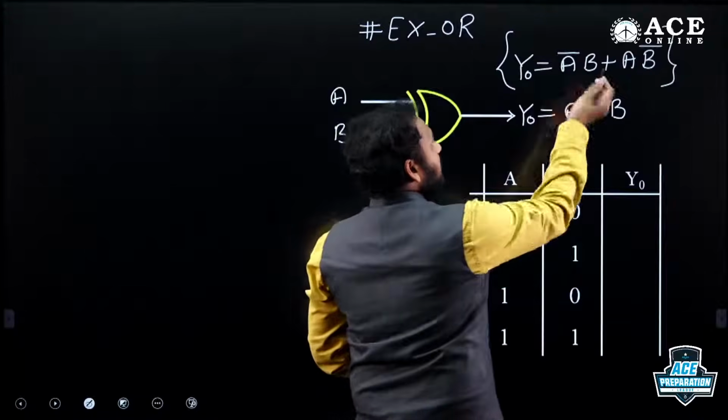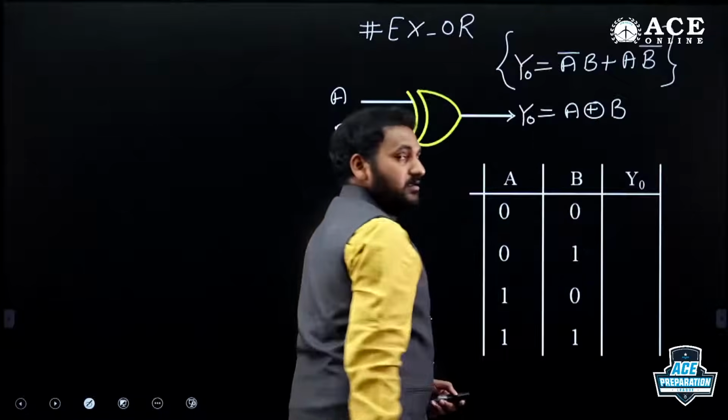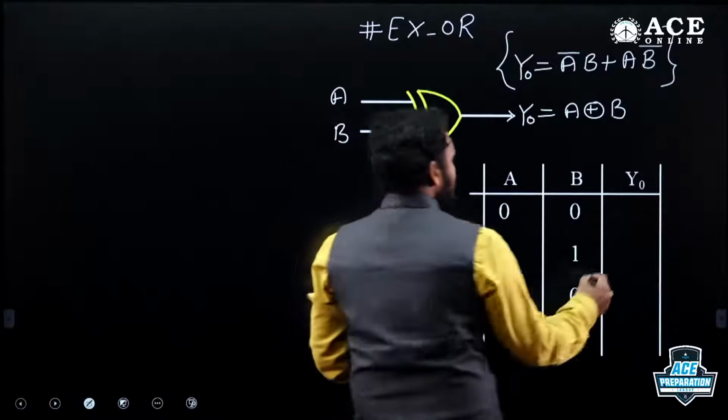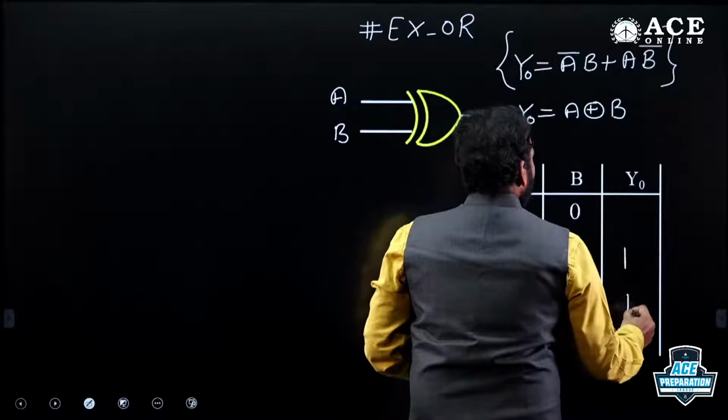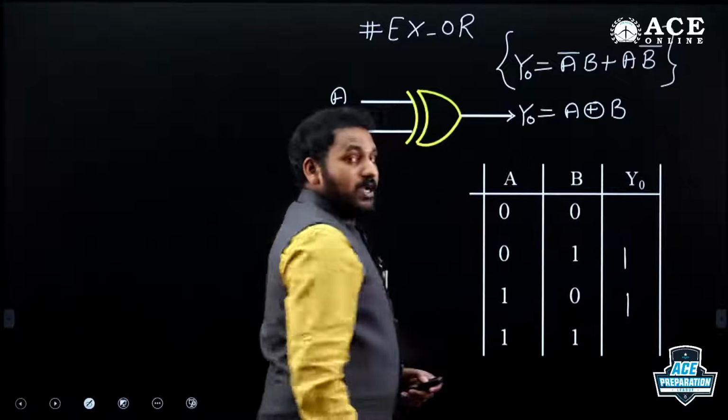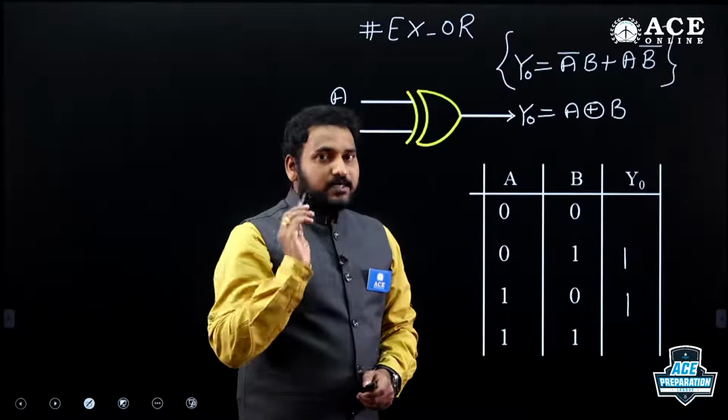If inputs are complements of each other, you can substitute and verify, it will produce logic 1. If it finds the same inputs, I'm talking about the 2 input XOR gate only, please.